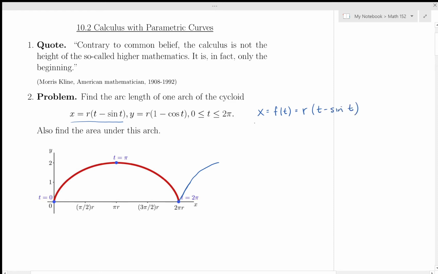Similarly, we're going to label y to be g of t, which in this case for the cycloid is r times (1 minus cosine t).